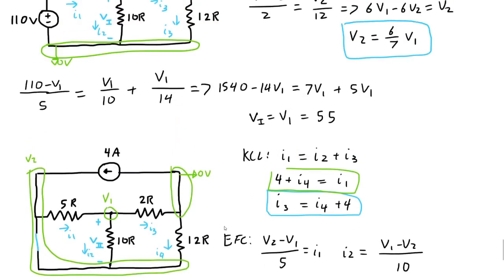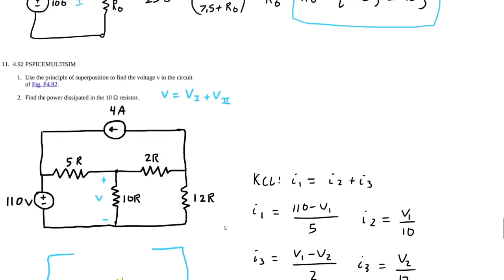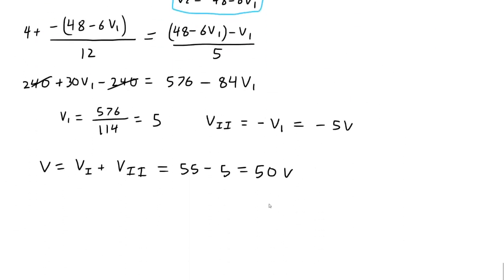Now the other part of the question is saying, find the power dissipated in the 10 ohm resistor. That's easy. We know the voltage, and we're not going to bother with the current. It would be trivial to do so, but we'll just do P equals V squared over R. So 2500 divided by 10, which is 250 watts.